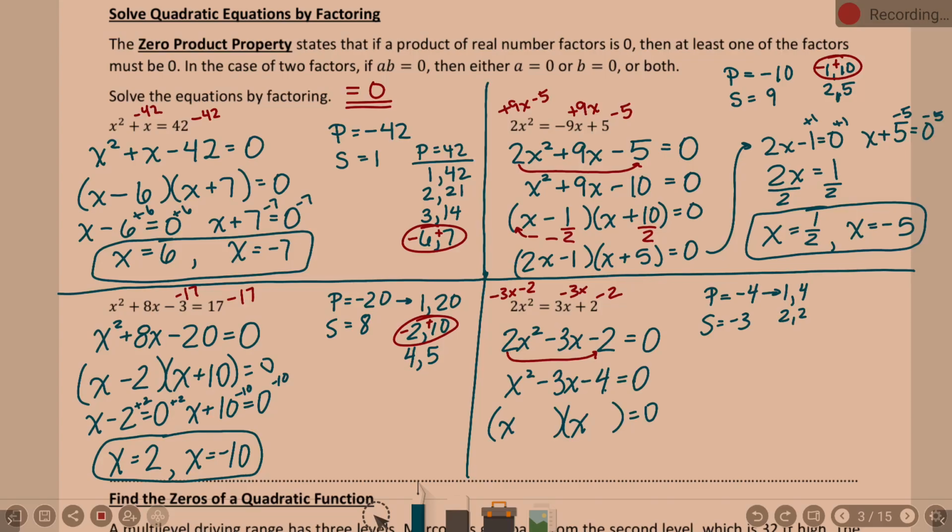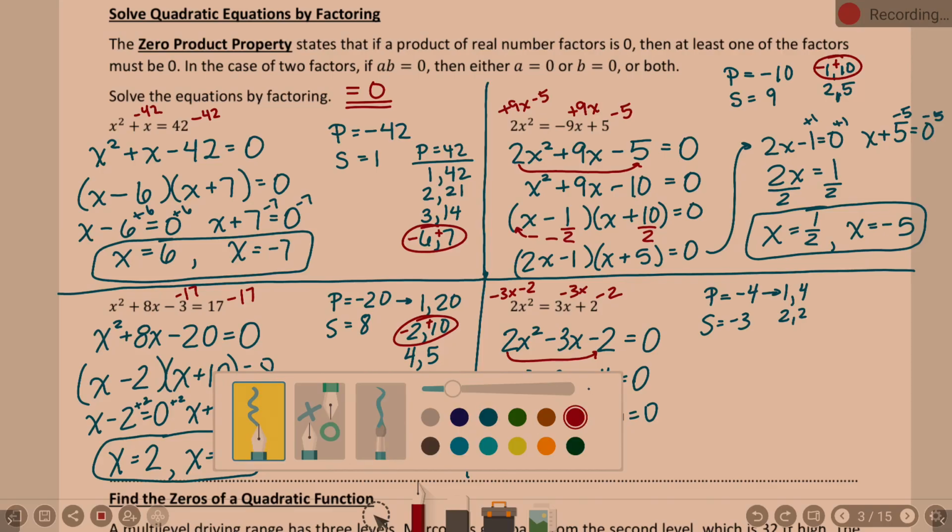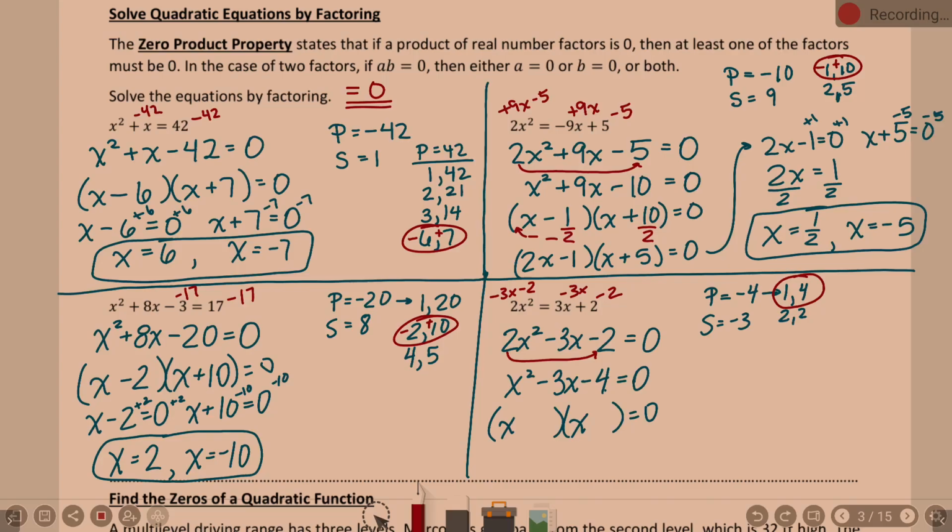Which pair do I have to use to get 3? One times 4. How do I multiply to be negative and add to be negative? Bigger number has to be negative, right? I think every example today has pretty much been multiplying to be a negative, so hopefully we have that down. Okay, put them in your parentheses.